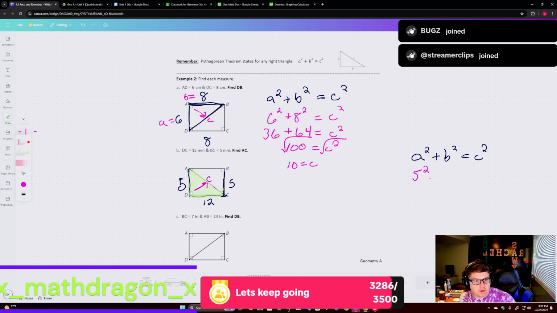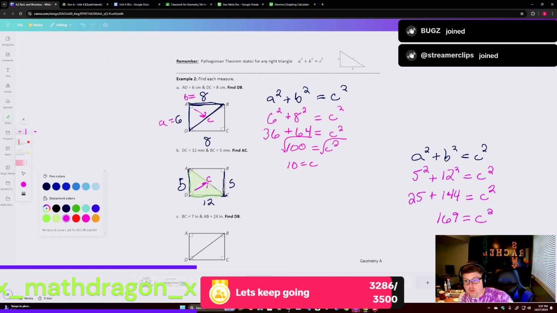So 5 squared plus 12 squared equals c squared. We'll have 25. 12 times 12 is 144, so c squared is going to be 169. That's another perfect square. You should have your perfect squares up to 15 memorized, and c equals 13.